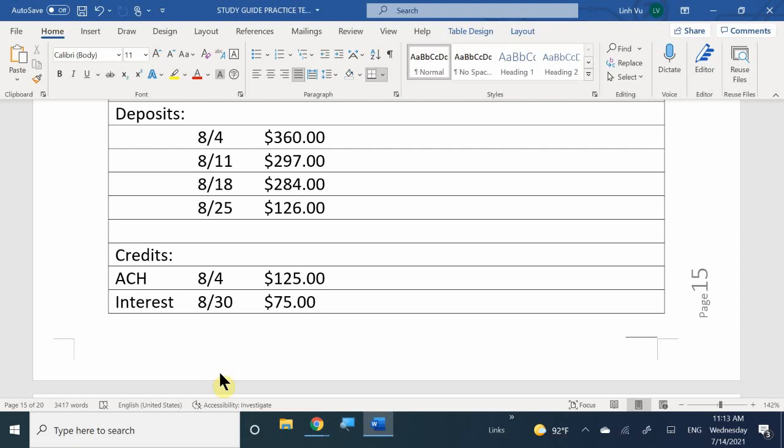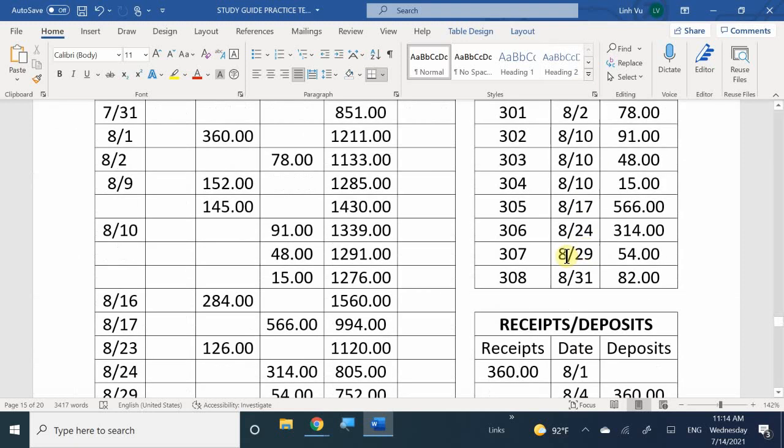Any person with an account with us, you get to charge them interest on top of that. So this is the interest that we are collecting. Here, automated clearinghouse is 125 and interest is 75.